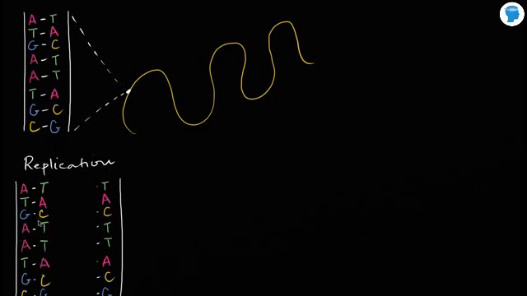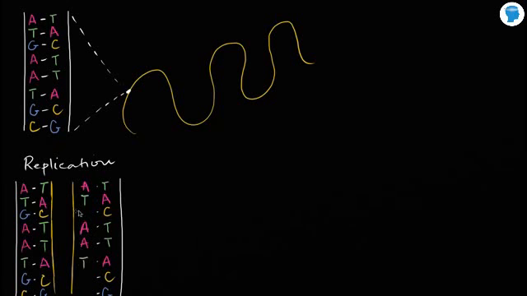So maybe I'll do the new sugar phosphate backbone in yellow. And we can do the same thing here using the original right-hand side. So using the original right-hand side, once again, the T's pair with the A's, let me do that in adenine's color. So we have an adenine and thymine, adenine and thymine, adenine and thymine. Thymine pairs with adenine. So thymine, adenine, thymine, adenine.